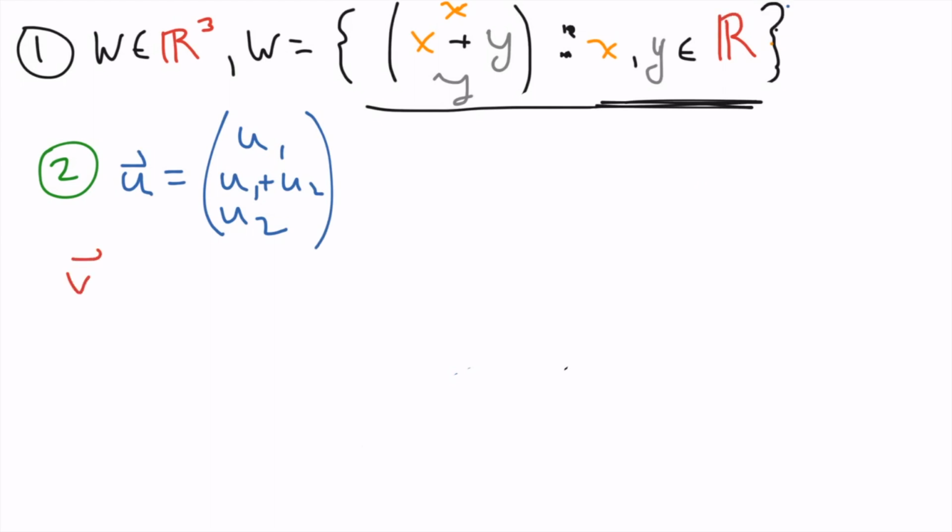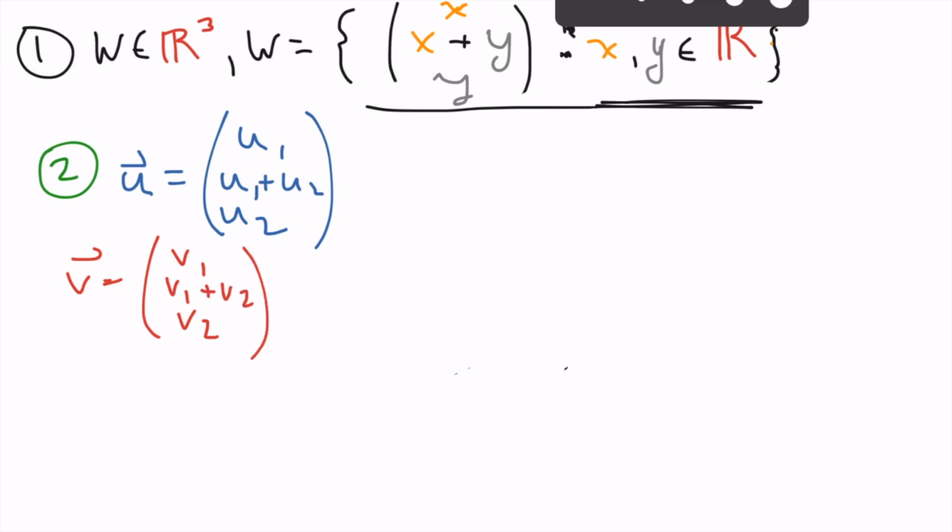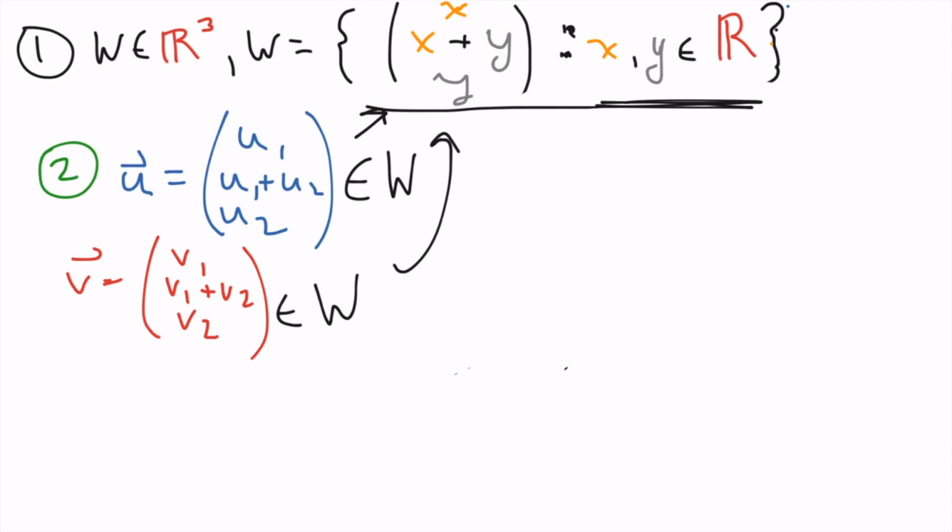Let's make V equal to V1, V2, V1 plus V2. Now, we know that both U and V are obviously in W because they both satisfy that specification. That's what makes them in W. And now we're just asking, if we add them together, does that also then exist in W?